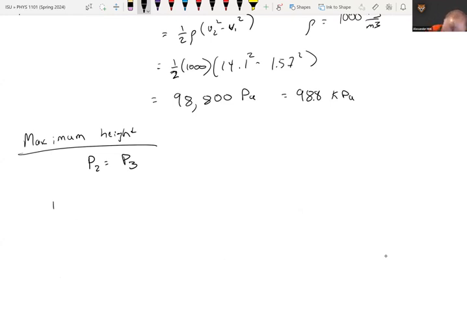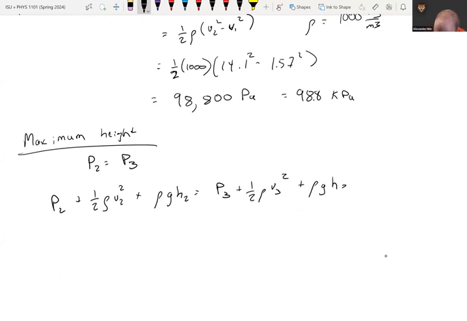Well, when we set up Bernoulli's equation, P2 plus 1/2 rho V2 squared plus rho g h2 is going to be equal to P3 plus 1/2 rho V3 squared plus rho g h3.